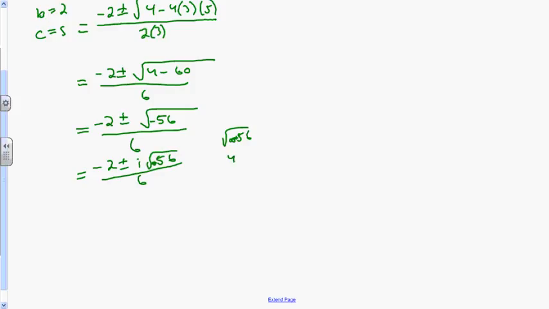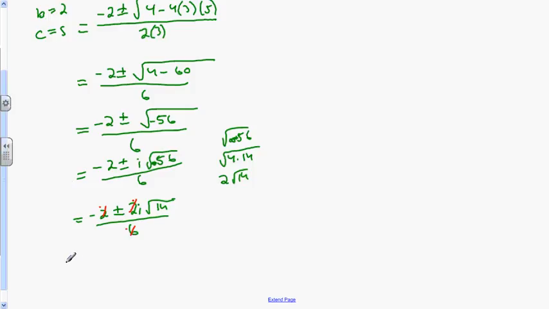We have 4 times 14. That's the largest square that goes into 56, which will give us 2 root 14. We have negative 2 plus or minus what is now 2i root 14. We got that out and simplified now. And the one last thing we want to do is if all these three pieces here have something in common, we want to simplify.